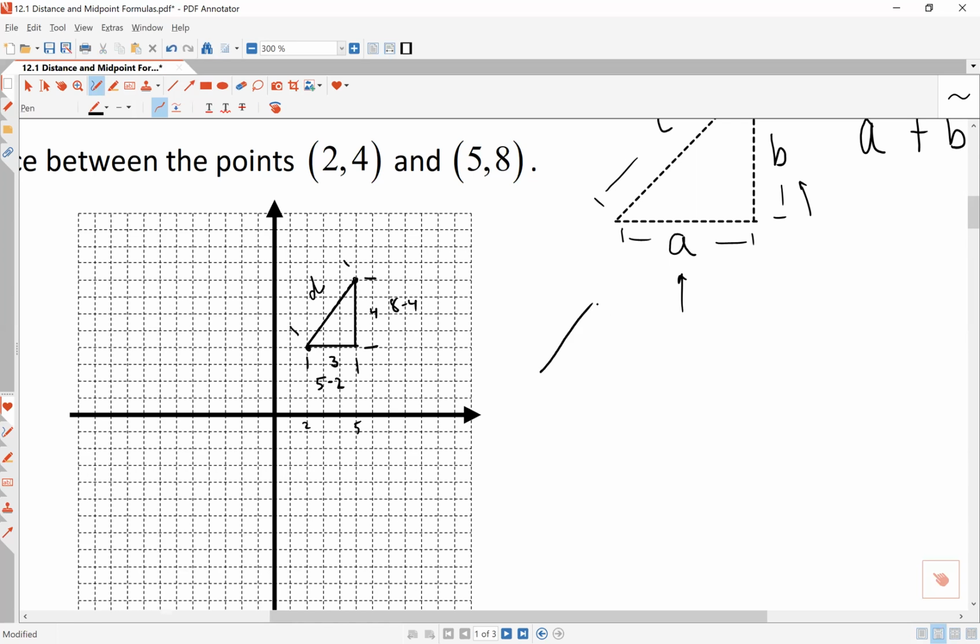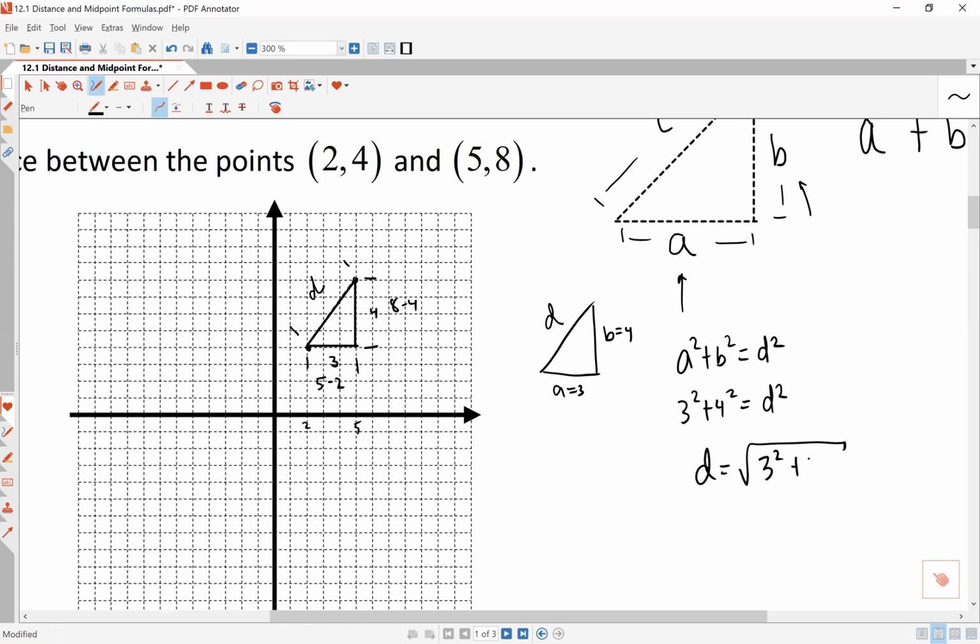So our triangle has an A value of 3, a B value of 4, and we want to know what the distance is. So the Pythagorean theorem says that A squared plus B squared is C squared, but in this case we're using D for distance. So we have 3 squared plus 4 squared equals the distance squared, or the distance would be the square root of 3 squared plus 4 squared.